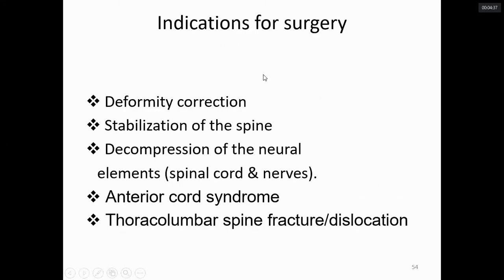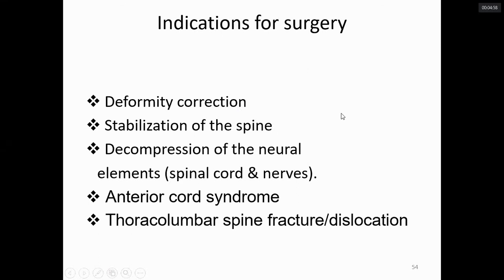So basically, most of the time you can manage the spine injury conservatively. But if the injury is severe, if there is deformity and neurological features present, or an unstable burst fracture, you have to go for fixation.